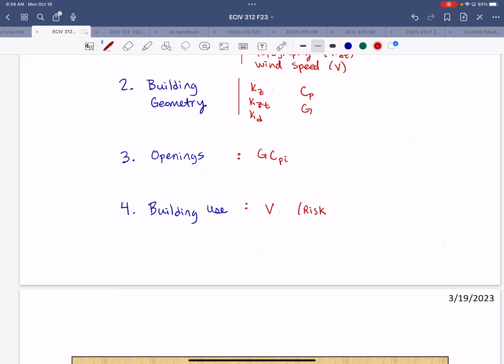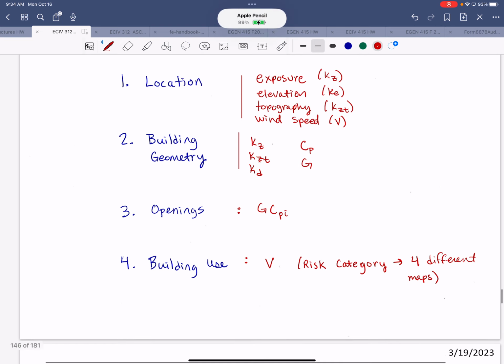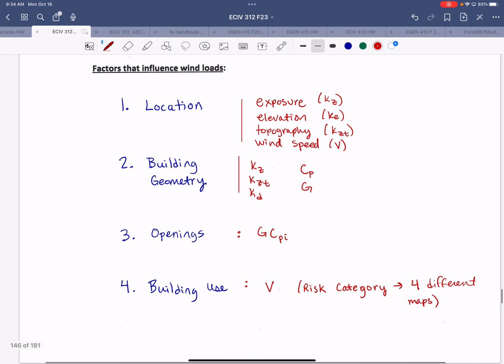So since we have 4 different risk categories, there are going to be 4 different maps for wind speed. All right. Any questions so far?